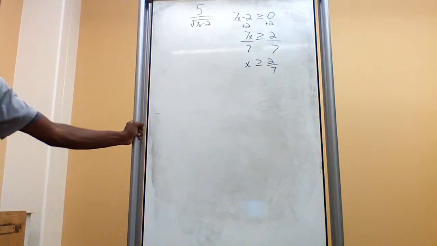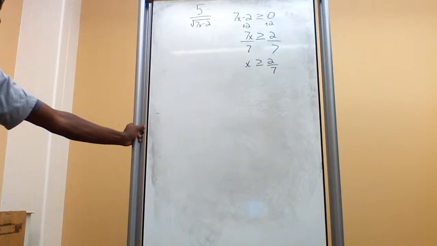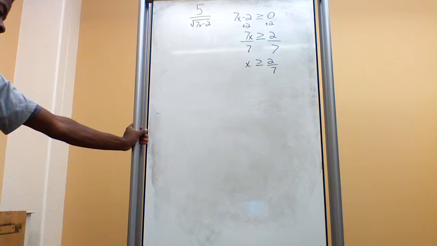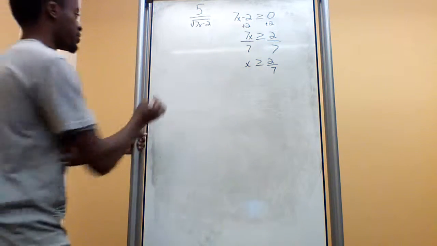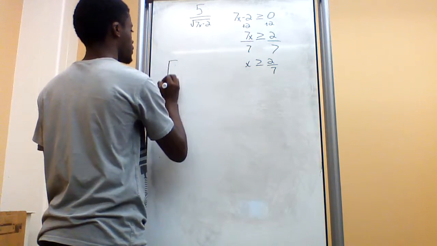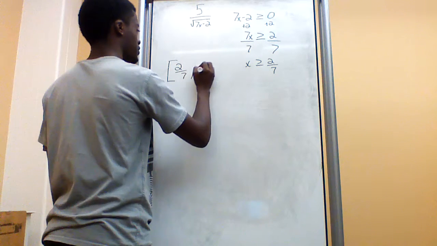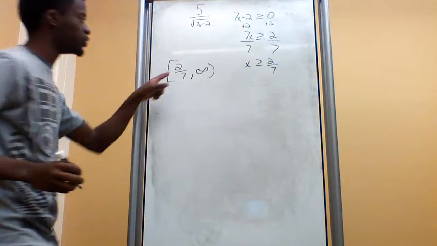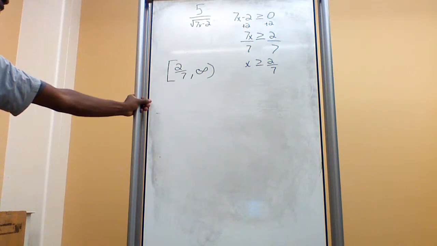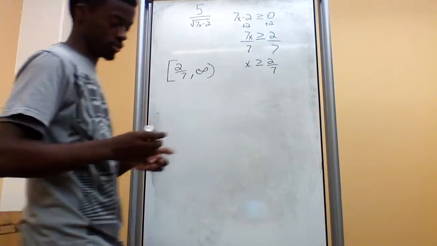Okay, x is greater than 2 over 7. And the way that we would write the answer is (2 over 7, infinity). That concludes this assignment.